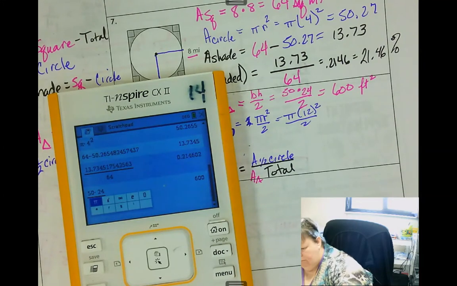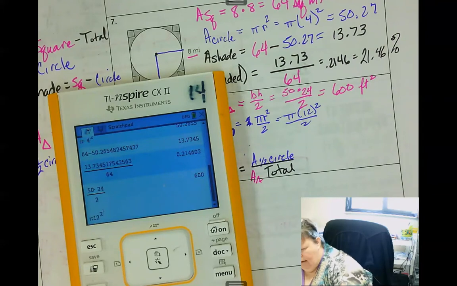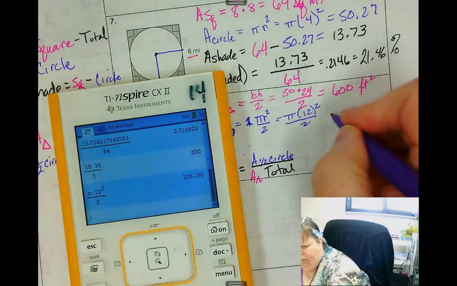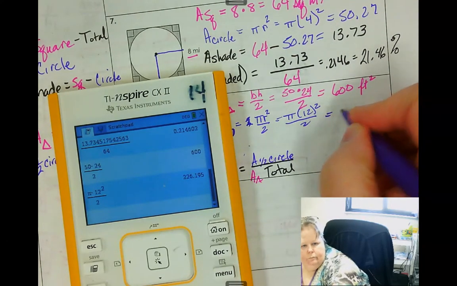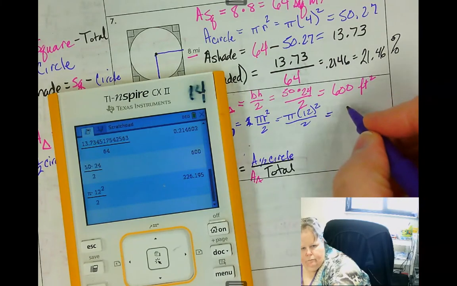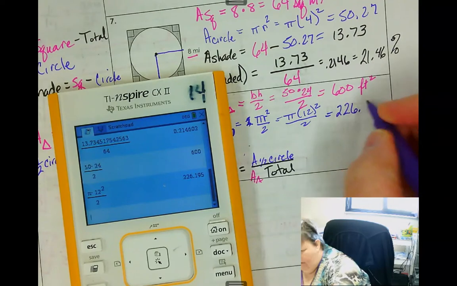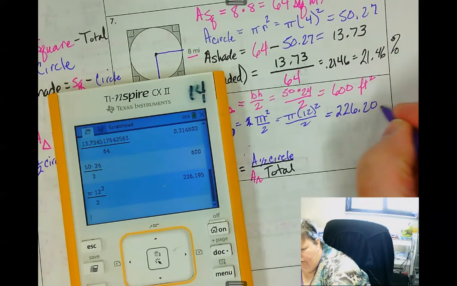Pi times 12 squared divided by 2 equals 226.19 or 226.2. 226.20 square feet.